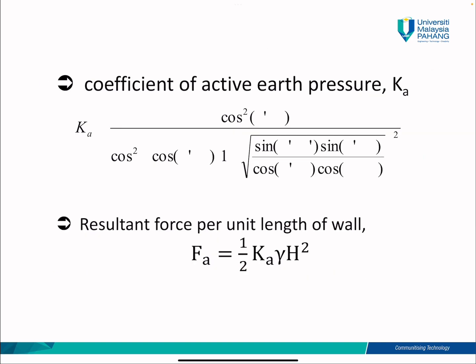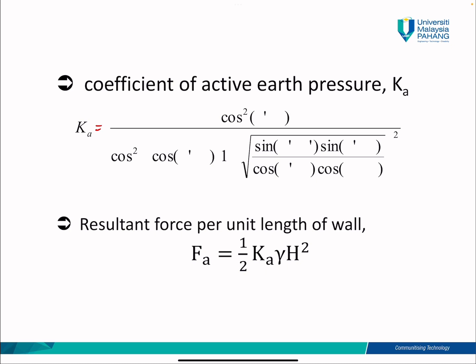So to get that, this is the active coefficient used by Coulomb. It's quite lengthy, but you have to be careful with the symbols. You have to understand what those theta, delta, internal friction angles, all the symbols are.